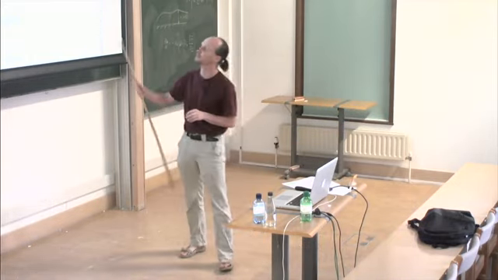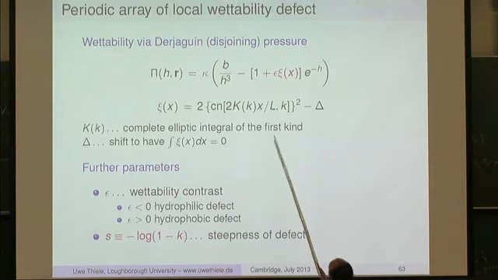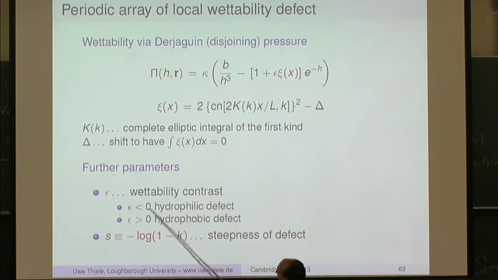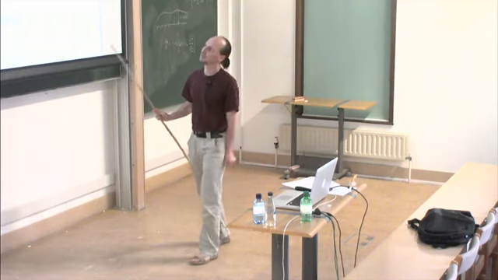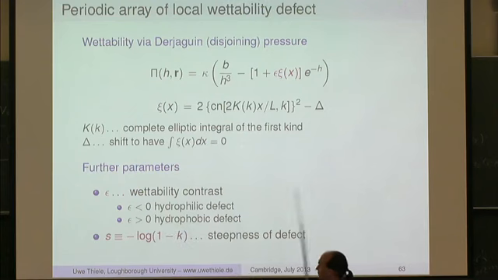Right? That's the only reason why we use that. Important is the epsilon. It's not a small parameter. So if epsilon is smaller than 0, we have a hydrophilic defect in a hydrophobic background, and if it's larger than 0, it's the other way around.